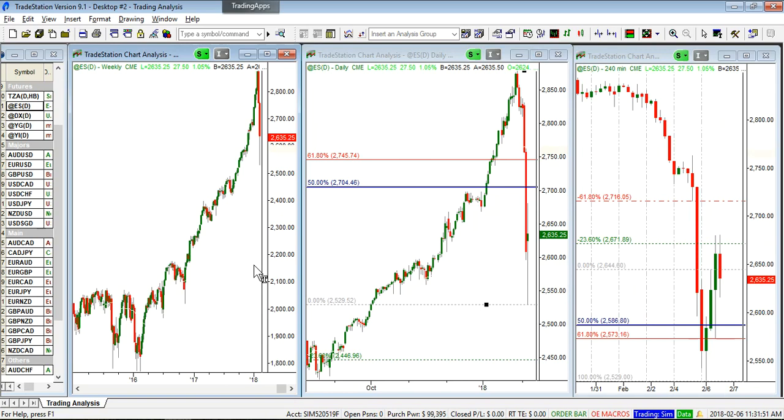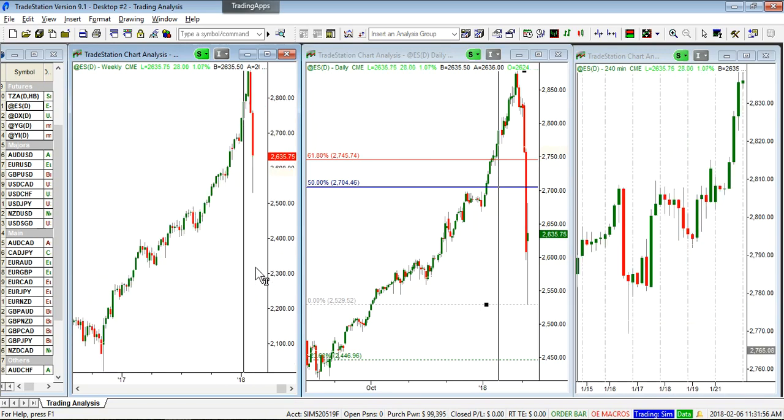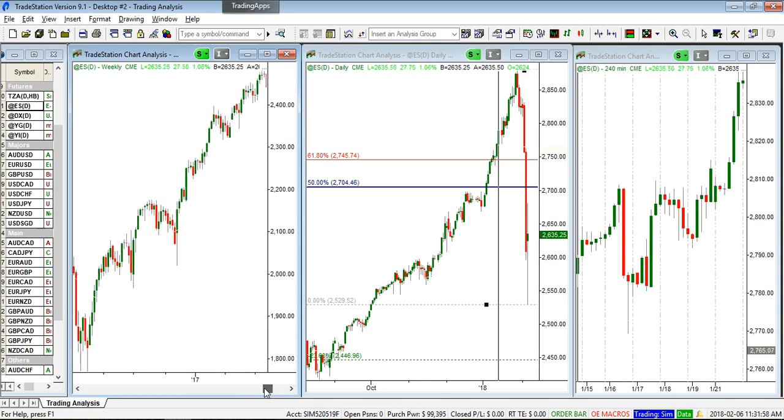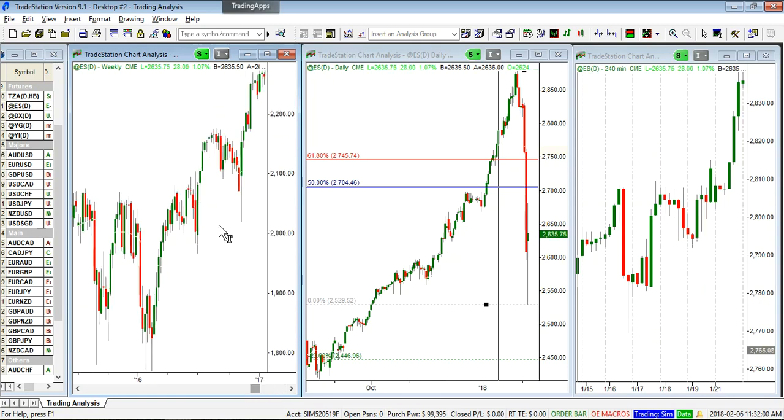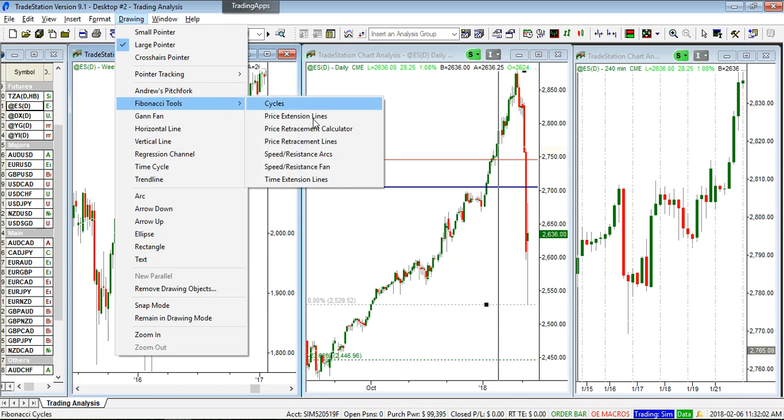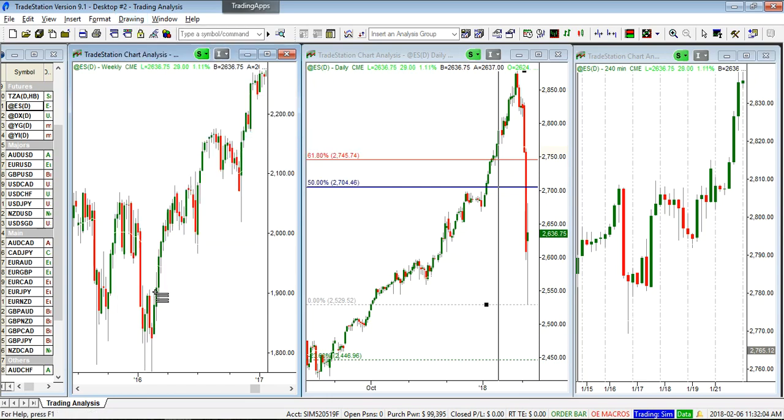On the other hand, on the very large time frame here, we have an extension that has traded, and that could actually push price to previous highs or even new highs.